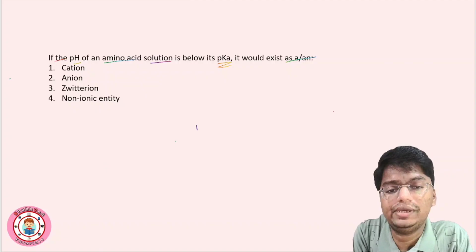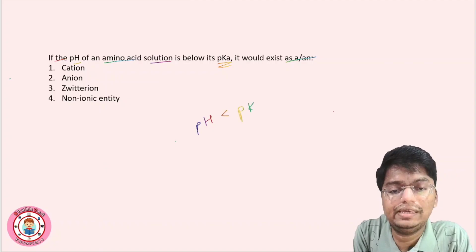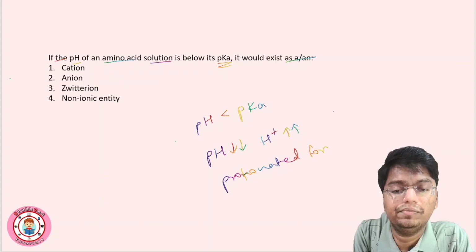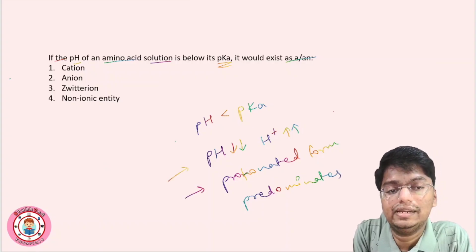So pH is less than pKa. pH is lower, which means H plus ions will be more, so the protonated form exists. Protonated form predominates. Protonated form predominating means what? Cation.